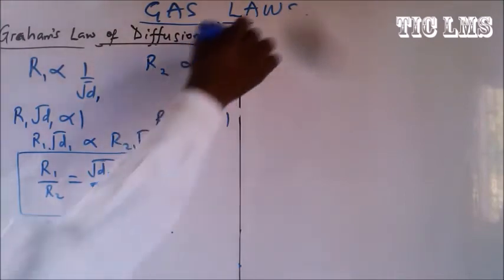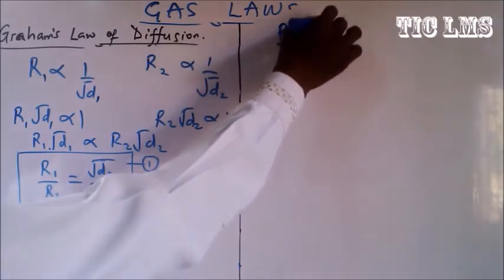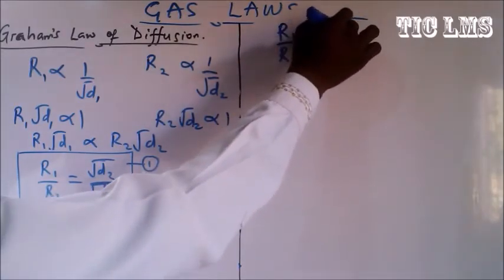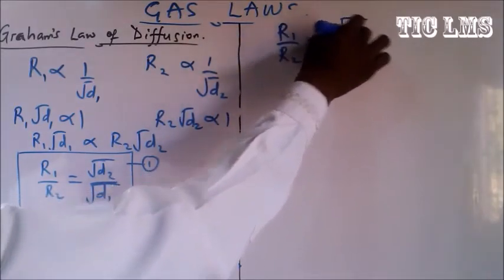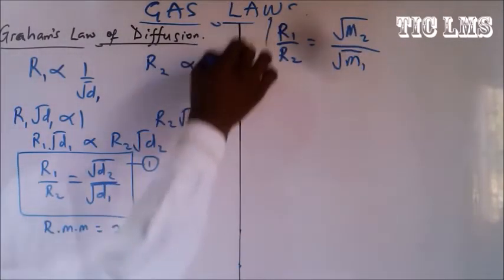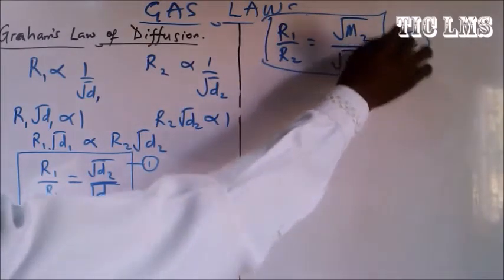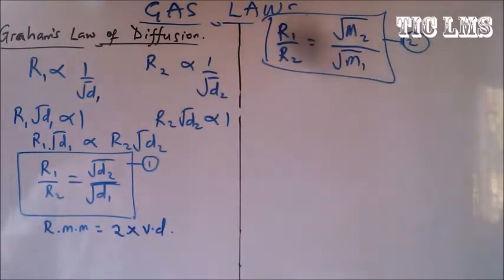With that, we will have a formula that says that R1 over R2 is equal to the square root of relative molecular mass of 2 over the relative molecular mass of 1. So we have a second formula here, which will be so relevant in solving Graham's law of diffusion.